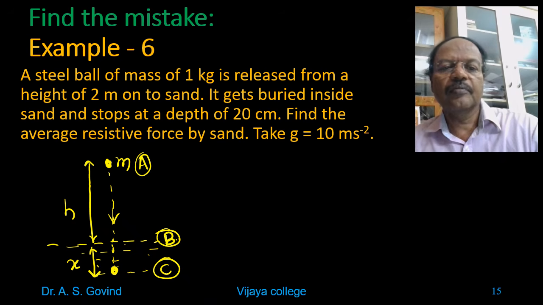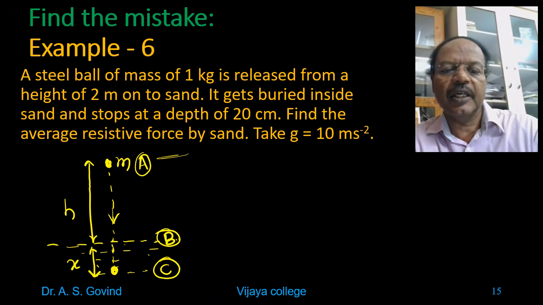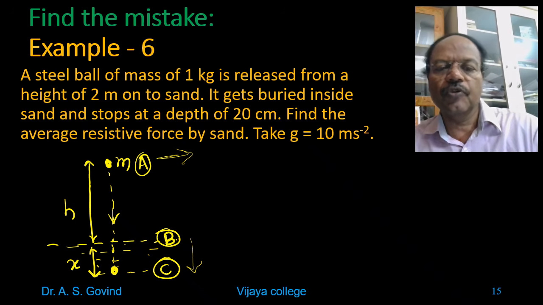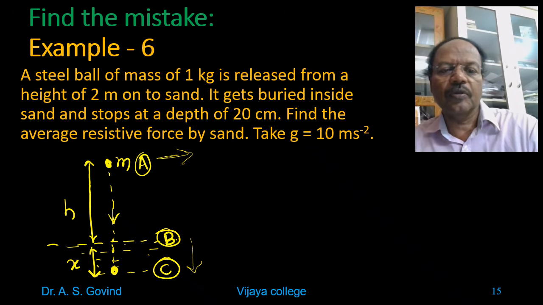Then going further, a steel ball of mass 1 kg is released from this point A and it hits the sand at B and gets embedded. After traveling a distance up to C, it stops. It stops because of the resistive force of the sand, in a distance of 20 centimeter. You have to find that resistive force, taking g as 10.